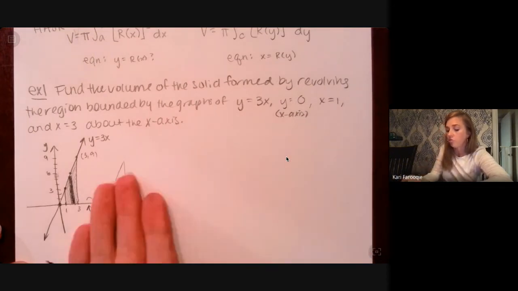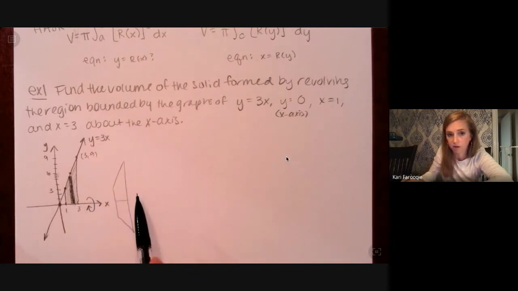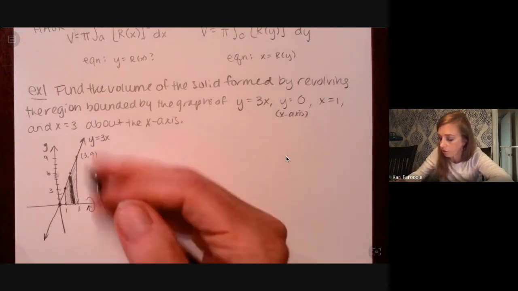But if you were to spin yourself around and stand here at the end of the x-axis and stare at it, all you would see would be a circle, because you're just taking this and spinning it around.